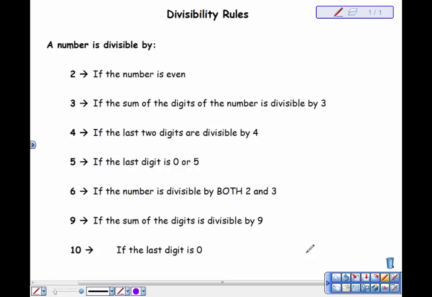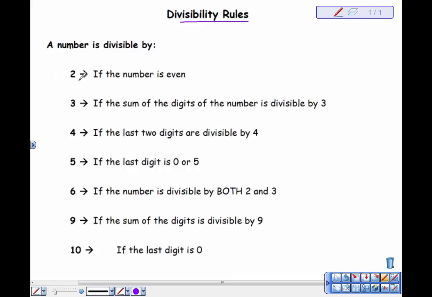But for today, we just need to be able to look at a number and figure out what it can be divided by. And that's why the divisibility rules come in handy. So what I'm going to do is use these divisibility rules to help me figure out what my number can be divided by. Now, a number is divisible, which means able to be divided, by these numbers if the following conditions are met.